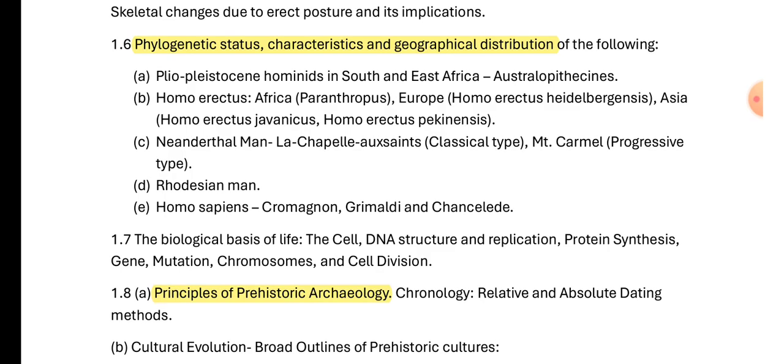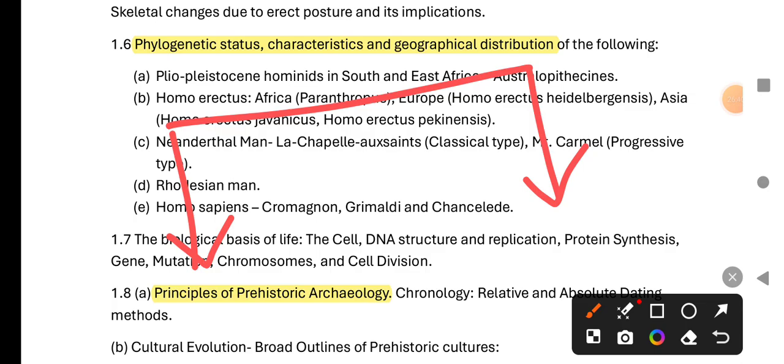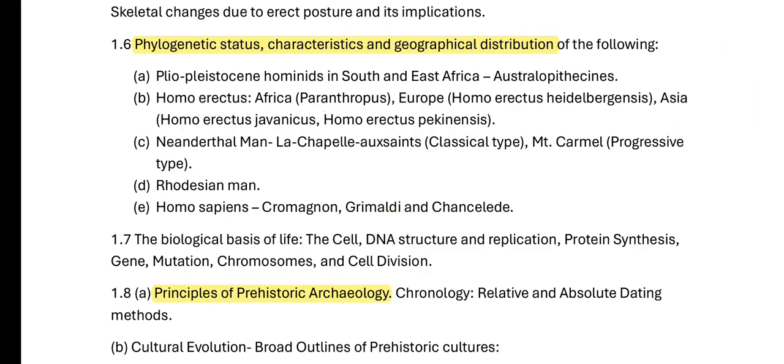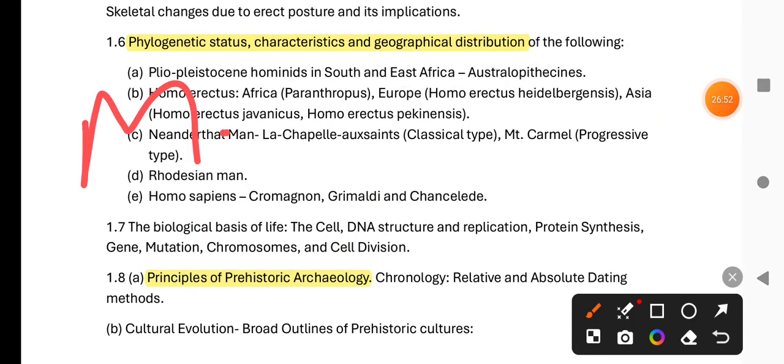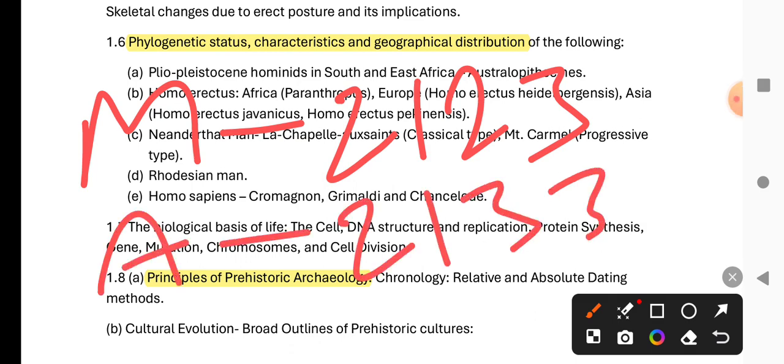And for the teeth of man and other fossil apes, we will compare both these fossils. In man the dental formula is 2 1 2 3, and in ape 2 1 3 3.